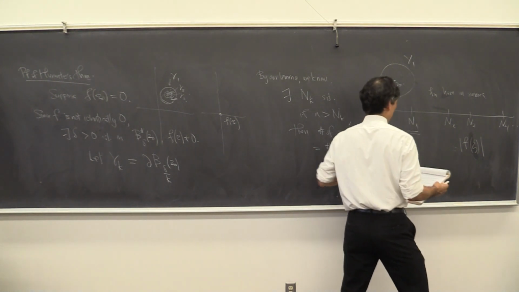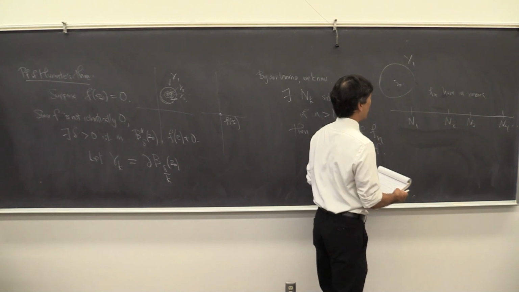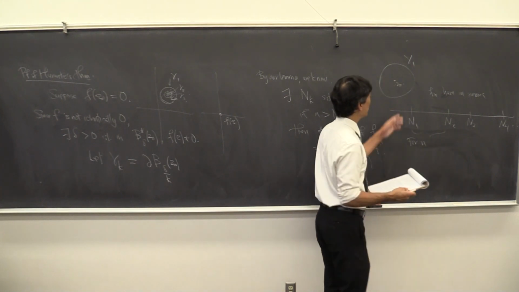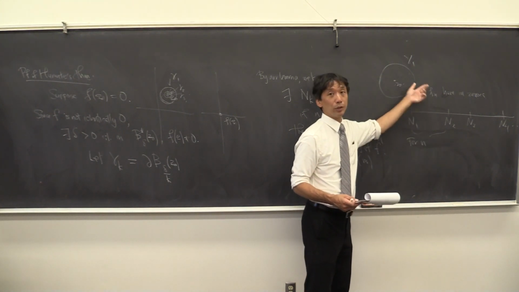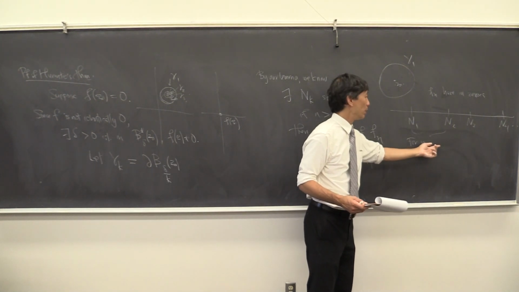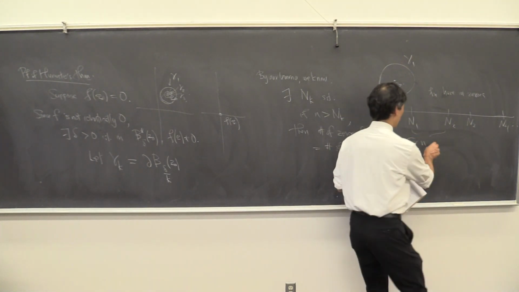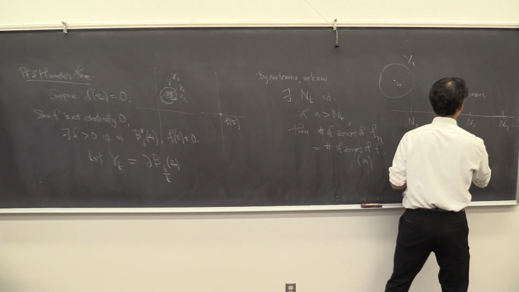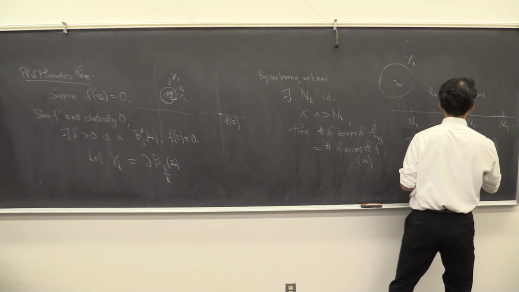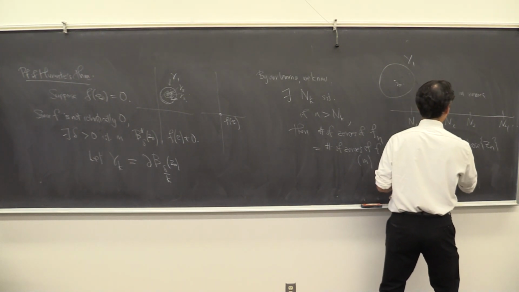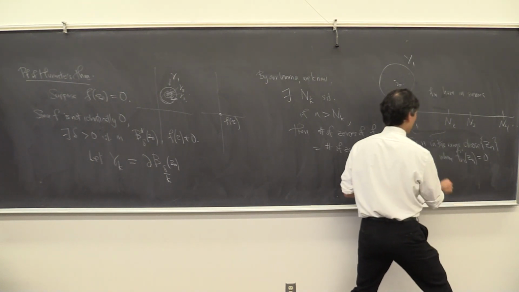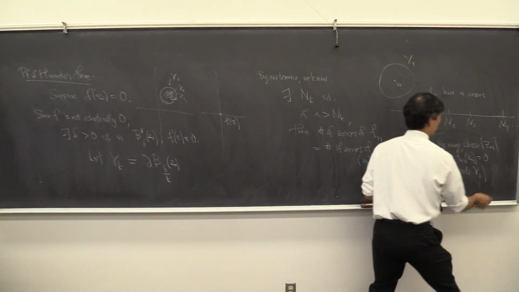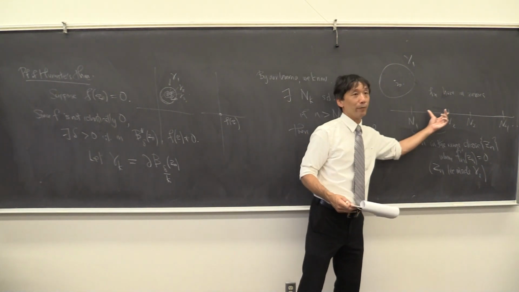That allows us to construct our sequence. So for n in this range, choose the z sub n where f sub n of z sub n equals 0, and you notice that the z sub n all lie inside gamma 1. And you just do that for every range.